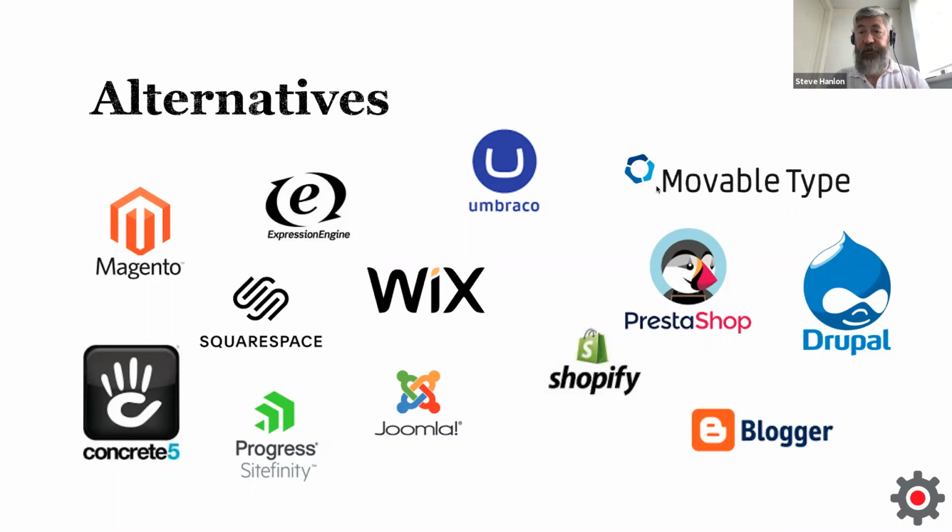Then there are others based on things like the operating system you may be using. You might be limited to using Windows, and so you might use something like Umbraco. Or you might want something very e-commerce based, and so you might go for something like Shopify.